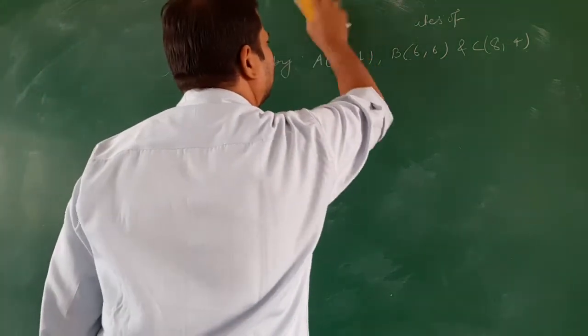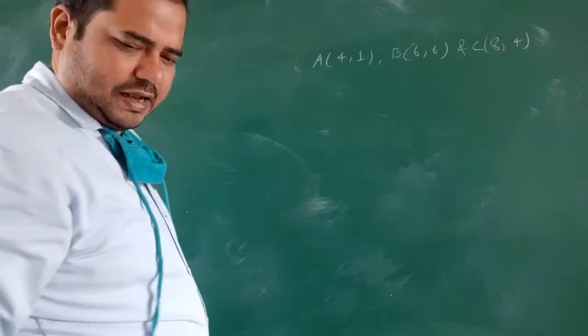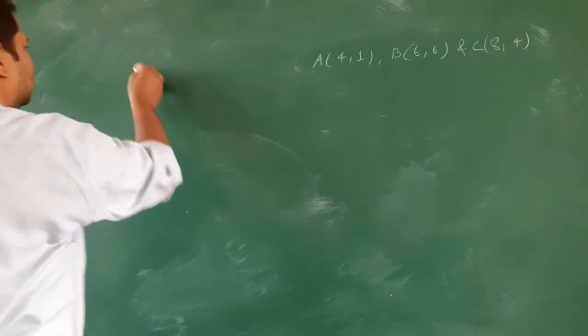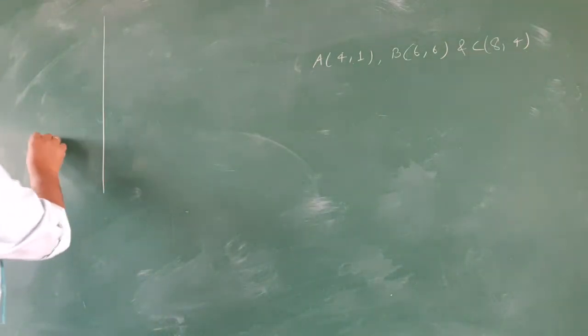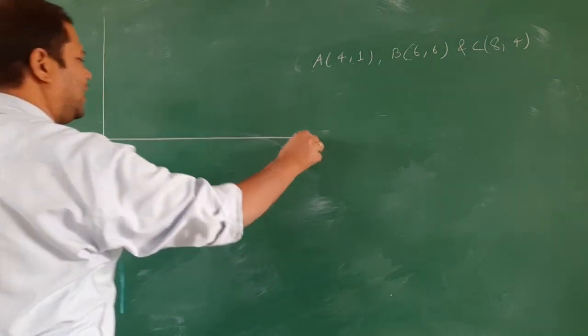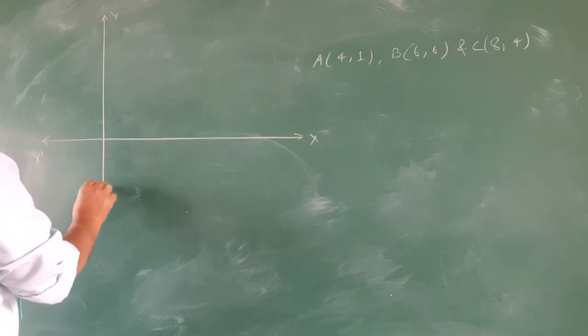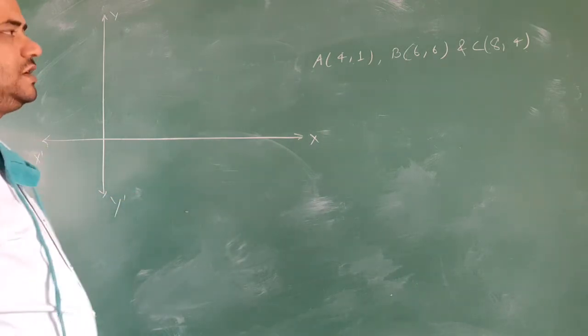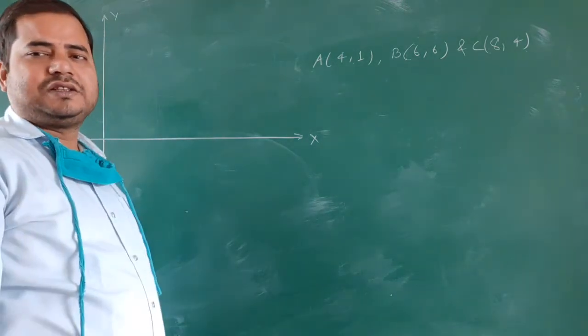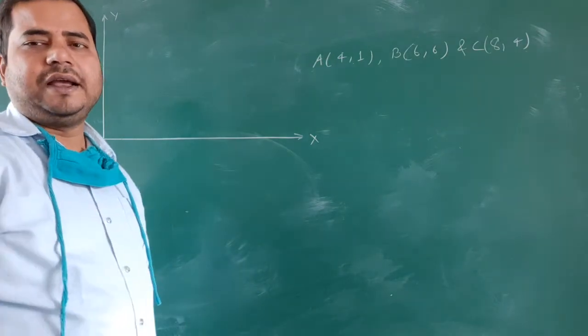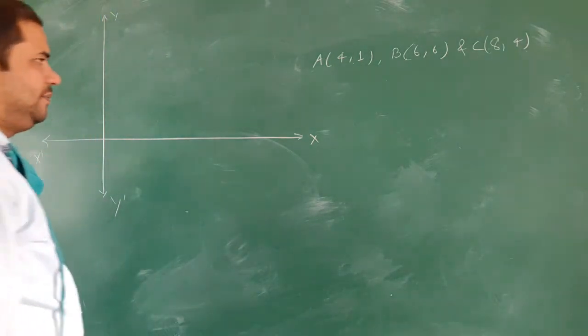First of all, we write the vertices of the triangle. We will get x, y, x dash and y dash. Using the method of integration, we have to find the area of this particular triangle.